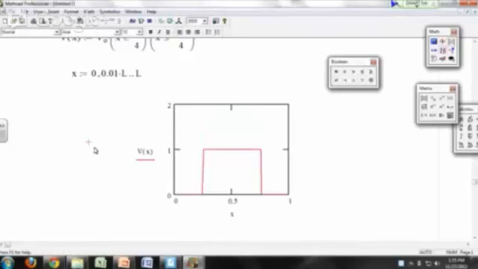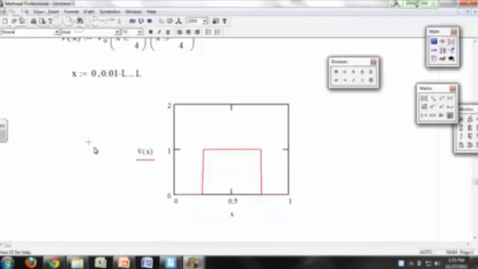There it is. You can see V is 0 from x equals 0 to x equals L over 4. Potential energy is V naught, which is equal to 1, from L over 4 to 3L over 4. And it's equal to 0 after that.